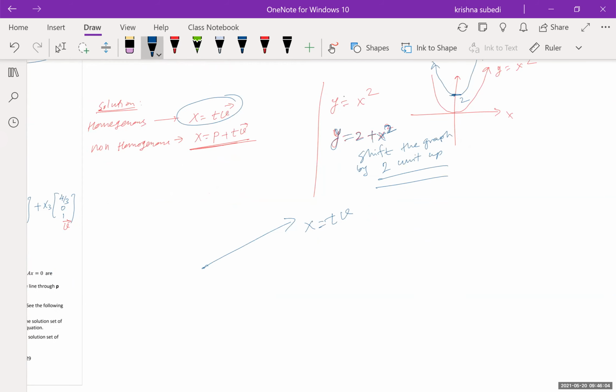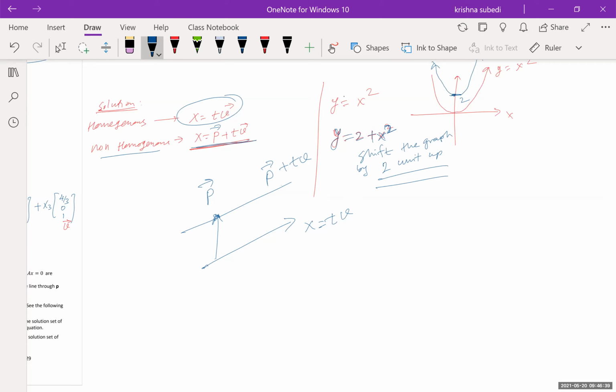And then if I write x equals p plus tV, then what it means is I shift this by p units. This vector p is this one. I just shift that by p so that this will be p plus tV. Same thing as here. So in the case of a non-homogeneous system, the graph will shift by the vector p. So that's the geometrical meaning.